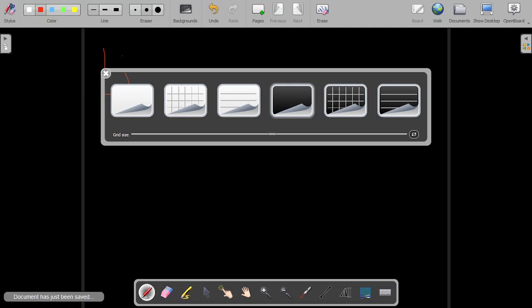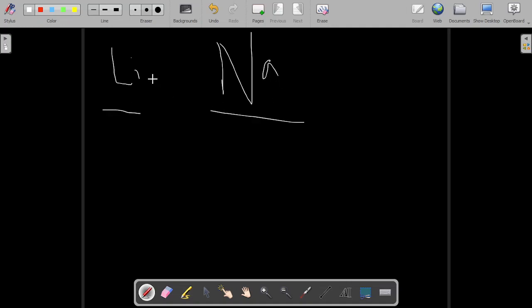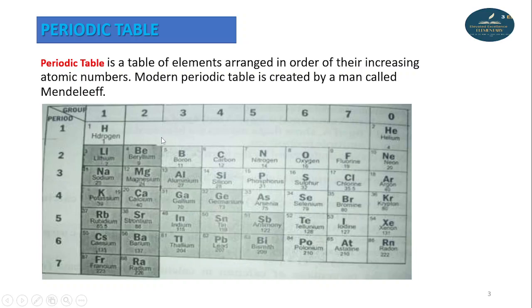We have lithium and sodium. What's the atomic number of lithium in the periodic table? We need to determine that first. Looking at this, for lithium the atomic number is 3: 1, 2, 3.